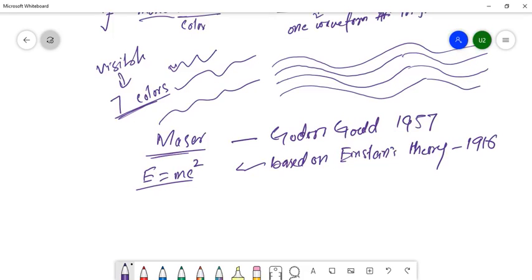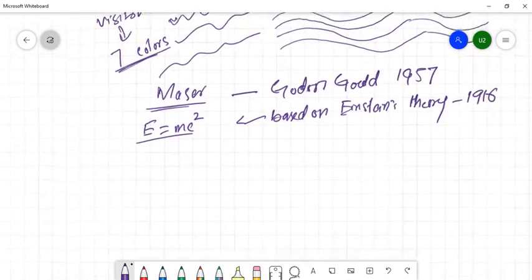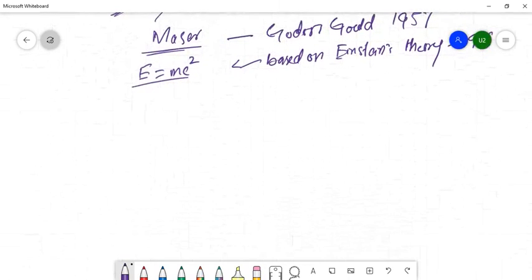Now coming to its principle of function. Its working principle is based on four processes.